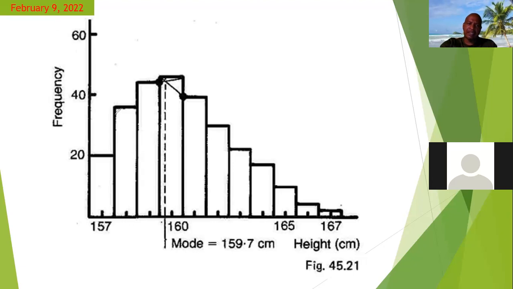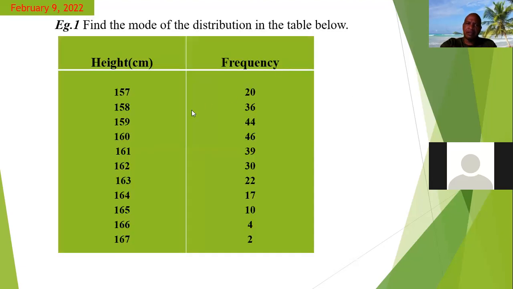Now, this height must correspond to 36. So if you move across to your frequency axis, if you line this up with your ruler, you should get 36 on the frequency axis. All right. And so you would do that for all of the values.